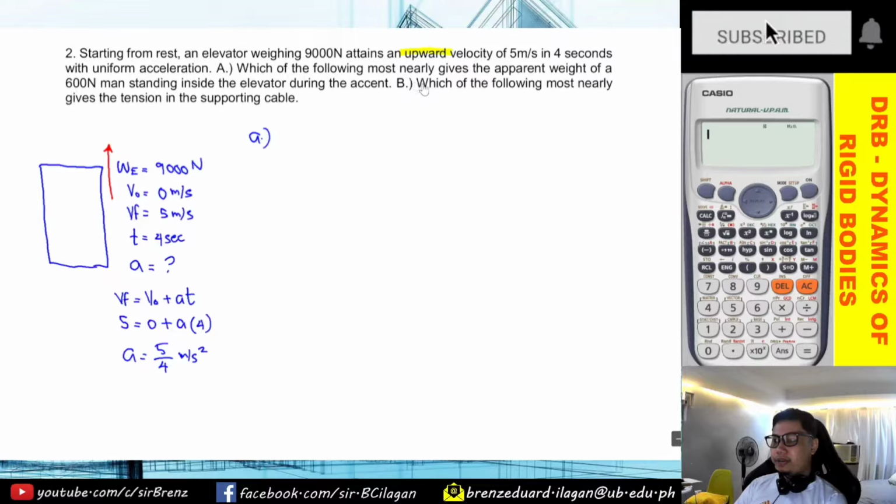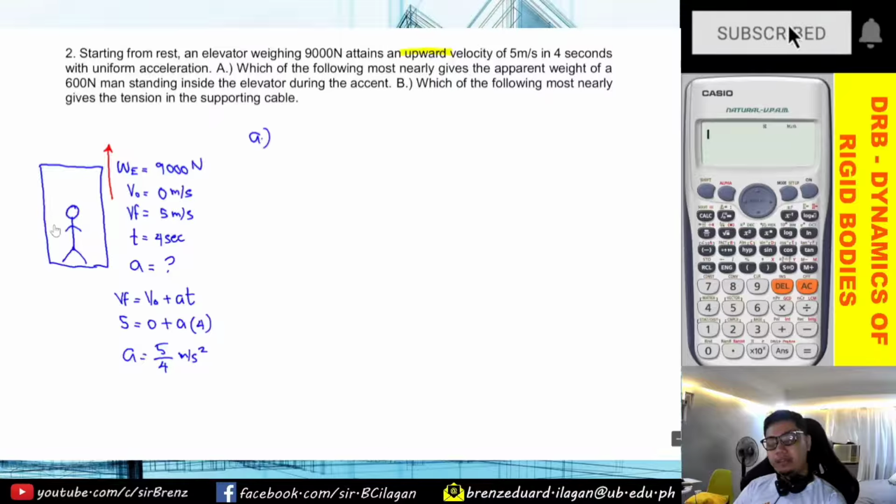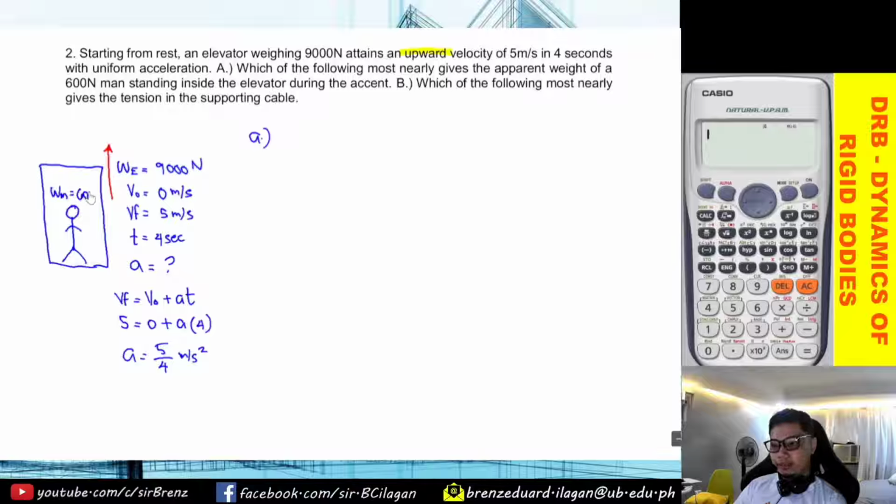Which of the following most nearly gives the apparent weight of a 600 Newton man standing inside the elevator? Okay, so ang unang kailangan nating malaman is yung mararamdaman na bigat or yung ma-exert na bigat ng 600 Newton man. Weight of man is equals to 600 Newton.